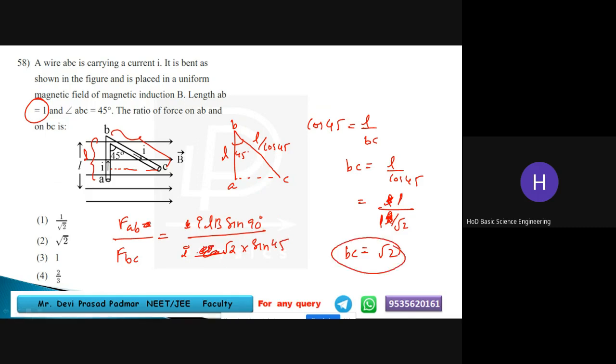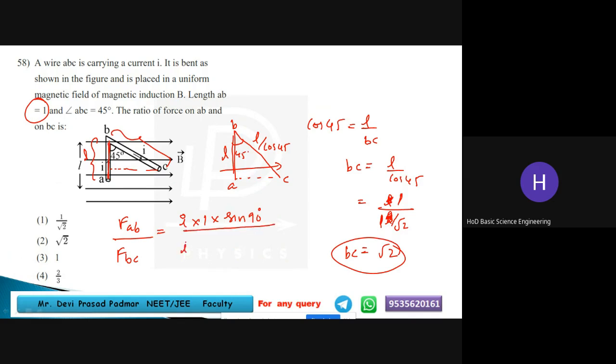Length BC is root 2. Sine 90 degrees, because the direction of the field is along this direction, and AB is perpendicular to that, so theta is 90 degrees.